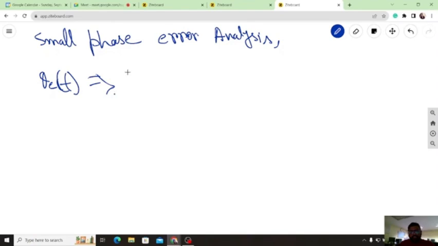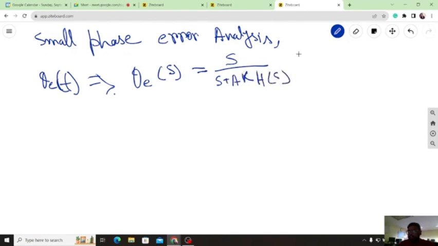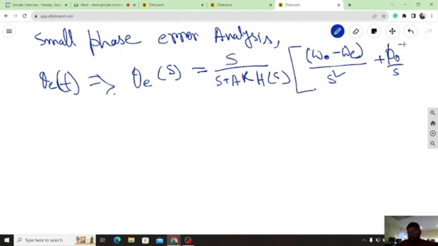and if we convert it into the Laplace domain, theta e of s is equivalent to s over s plus A K H of s, into omega 0 minus omega c by s square plus phi 0 by s.